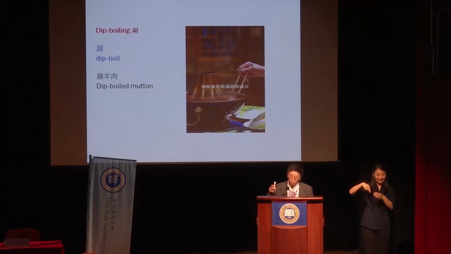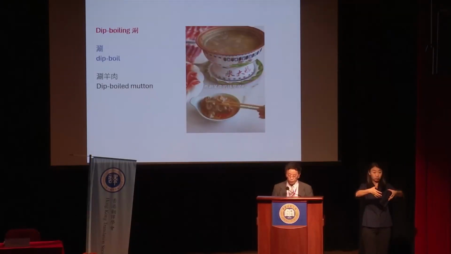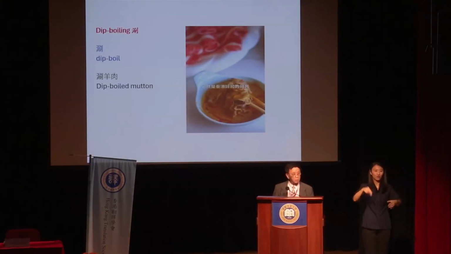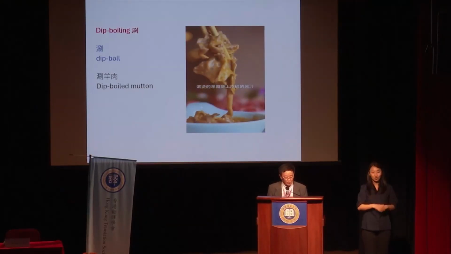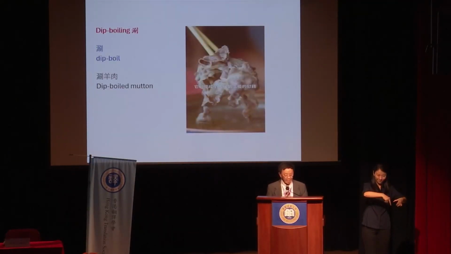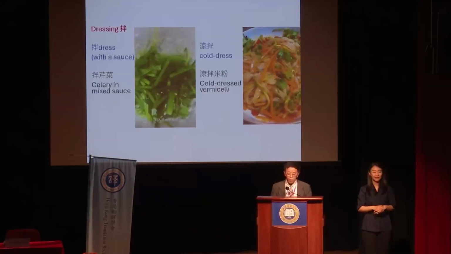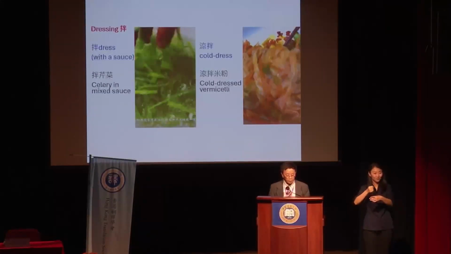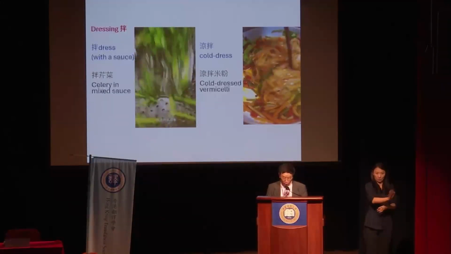boiling. That is, you just put something into a container very quickly. One quick example is shuai rang lu. Okay, so that would be deep boiled mutton. And then we have got dressing. If you don't cook something, but just dress it with some sauce, this is dressing.